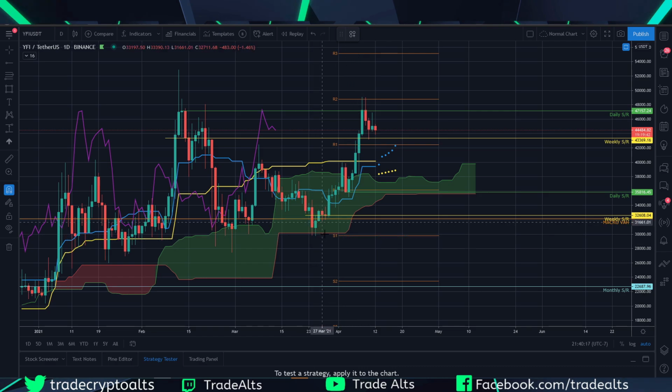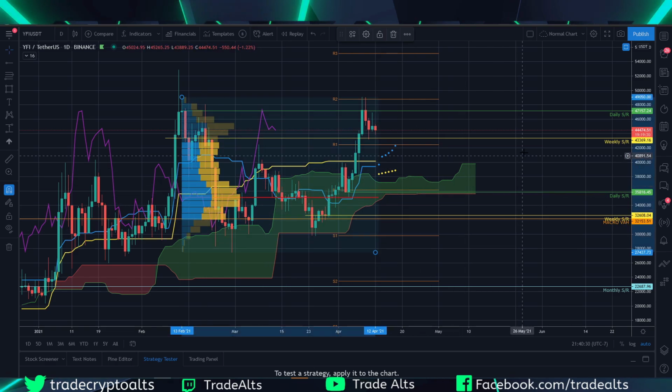There are two different areas where I would look to pull this, but I'll just start and see. If I use this pull, your value area high lines up right around this general area, and I kind of like that. So this is the value area high.